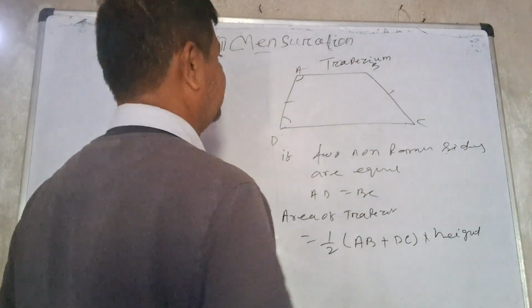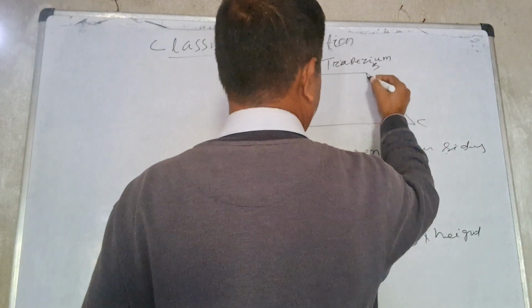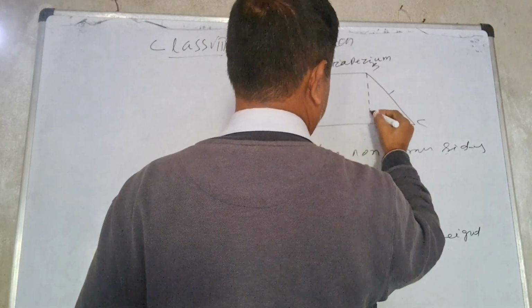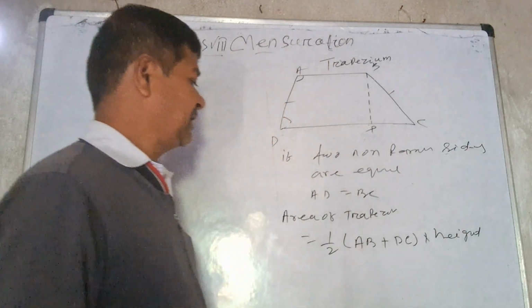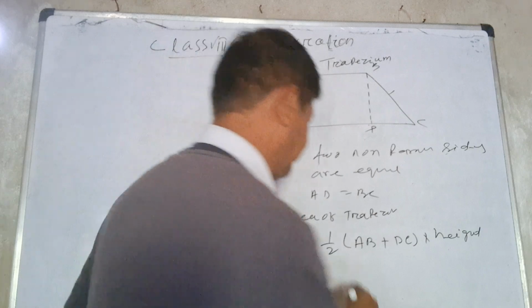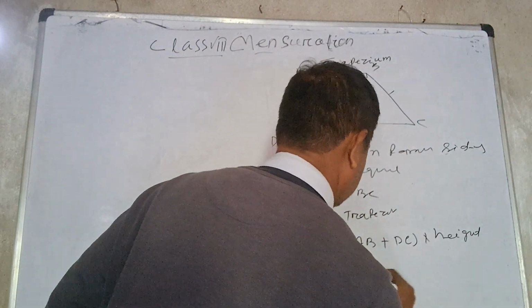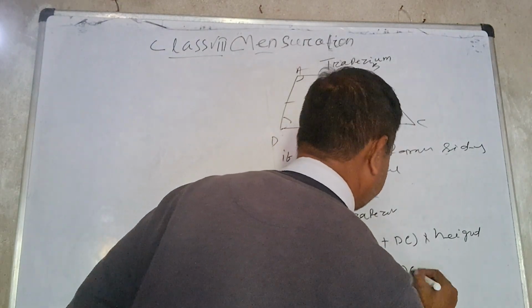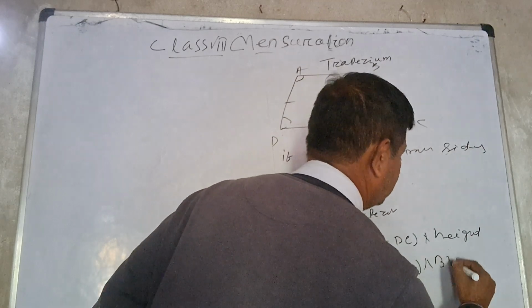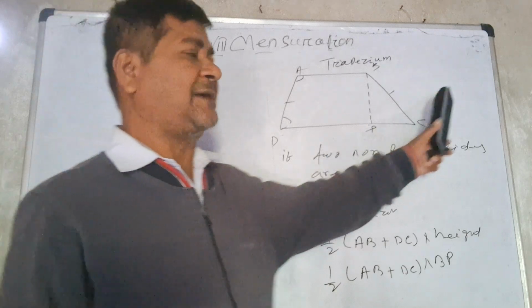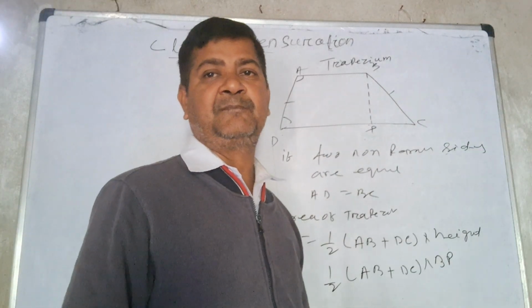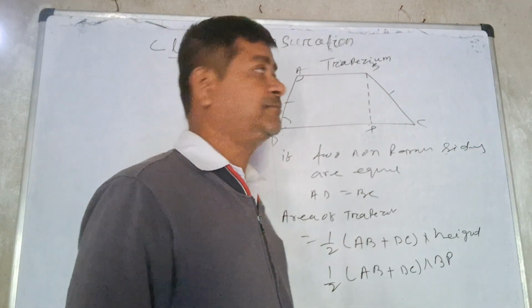You can draw the height. BP is the height. So half into AB plus DC into height BP. This is the formula of the area of the trapezium.